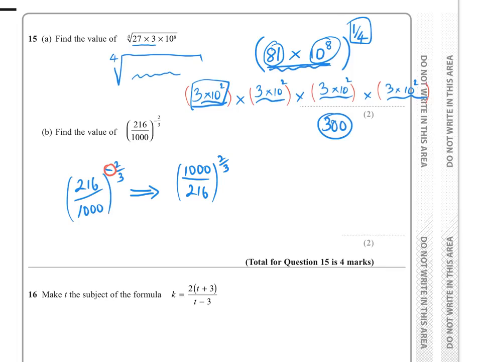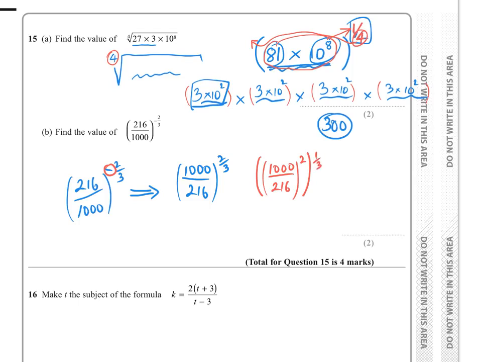And then if you think about this, in the previous question, when we had 1/4, that was like doing this number to the power 1 and then finding the 4th root. So in this case, what we could have done is do 1000 over 216 squared and then do the cube root.